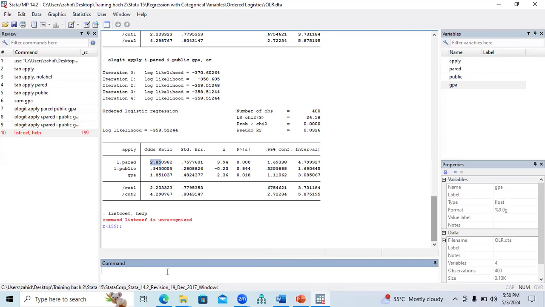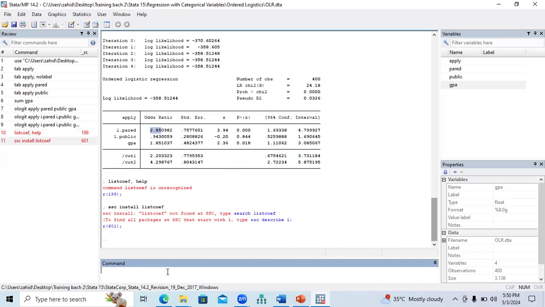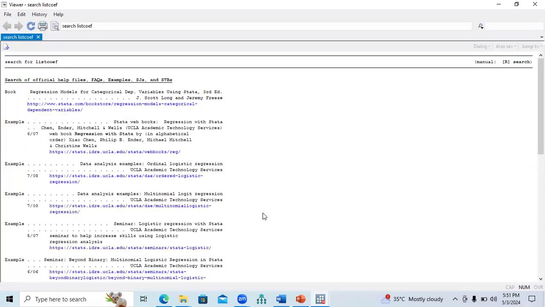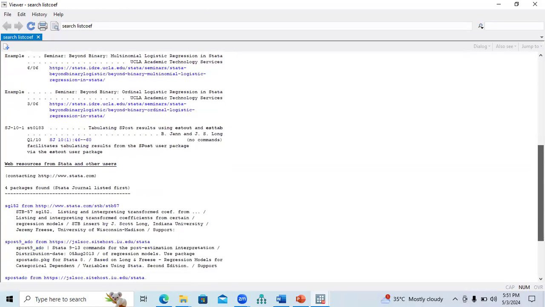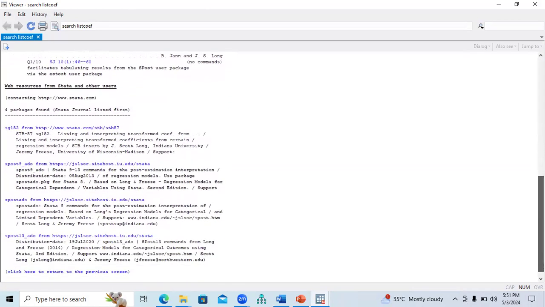It is unrecognized. SSC install listcoef. So it will install the command. SSC install not found at SSC. Type search listcoef. Let us search for the command. I need to see from where it needs to be installed.